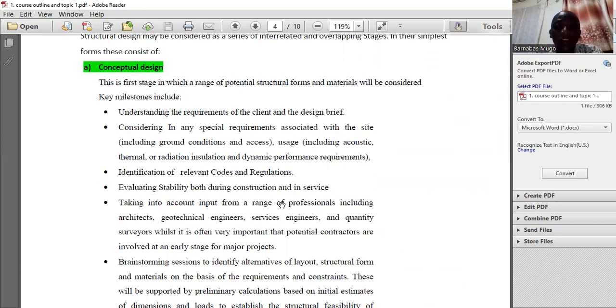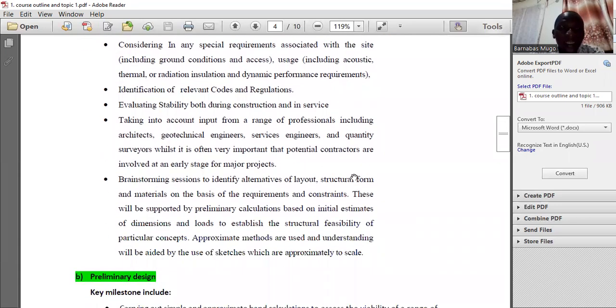Then you need to evaluate the stability, both for construction and for the surface. That is, you need to know how stable the construction site is, how stable the area that you are dealing with is. Then you need to take into account the input by the professions.